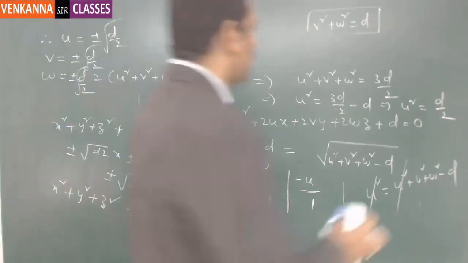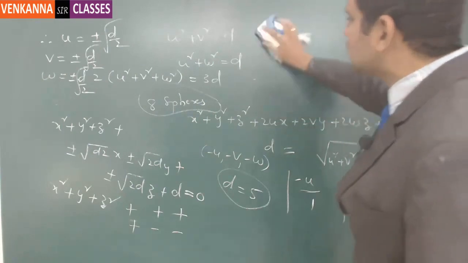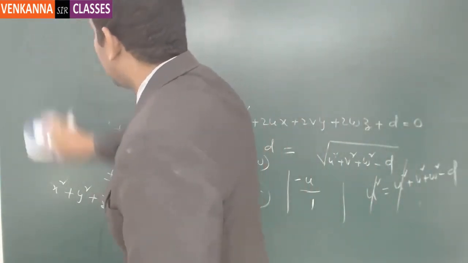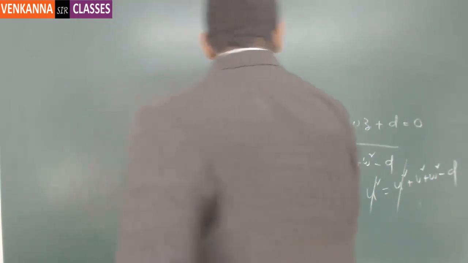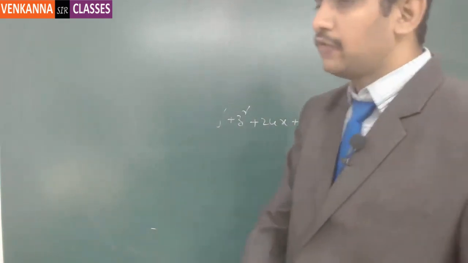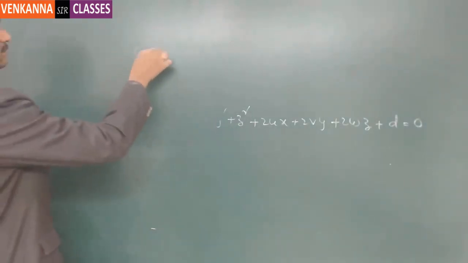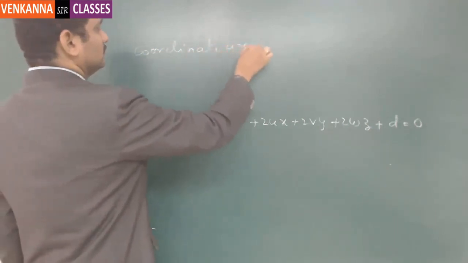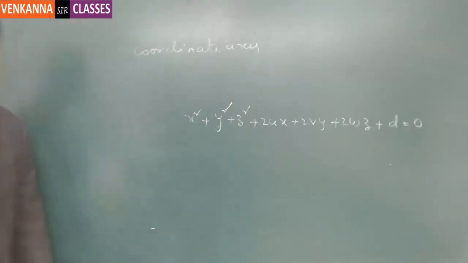So in this problem, we have discussed what the sphere equation is if it touches the 3 coordinate planes. Now let us think about the case of what the sphere equation is if it touches the coordinate axes.